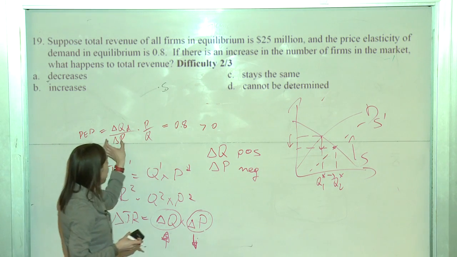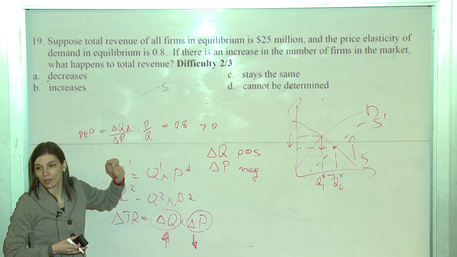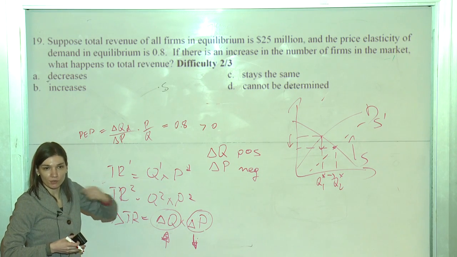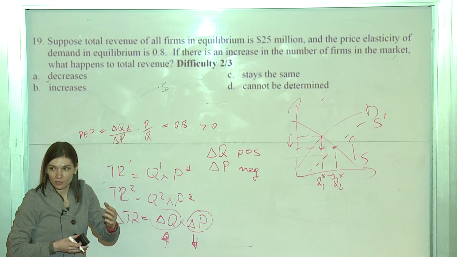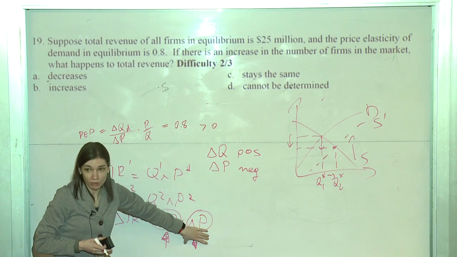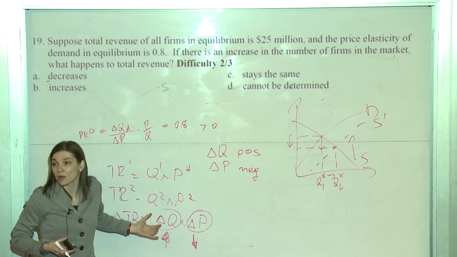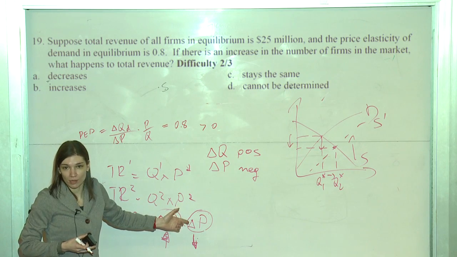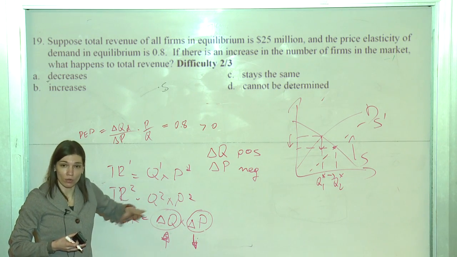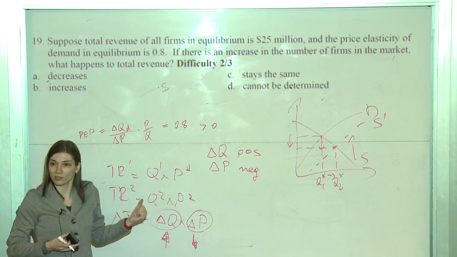So we know that if you change price by 1, quantity is going to change by 0.8, by less than that. Right? Because it's an inelastic curve, then the response to a change in price is not going to be that much. So when the price is going down, quantity is going up, but not as much as the decrease in price. So that's why the total revenue is going to go down, because the thing that decreases is decreasing more than the thing that increases.